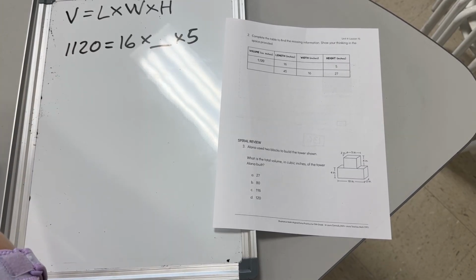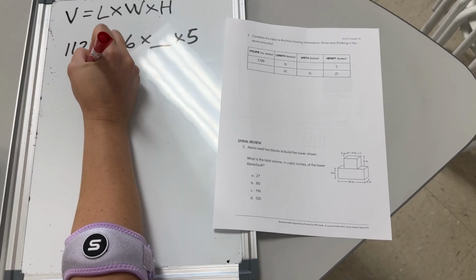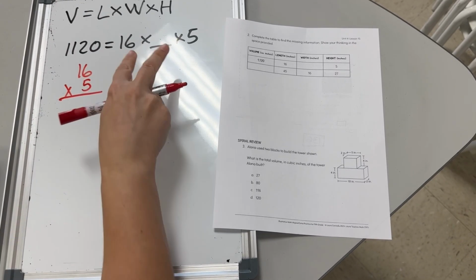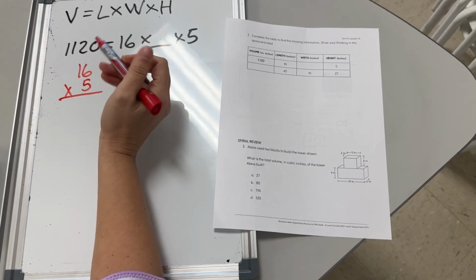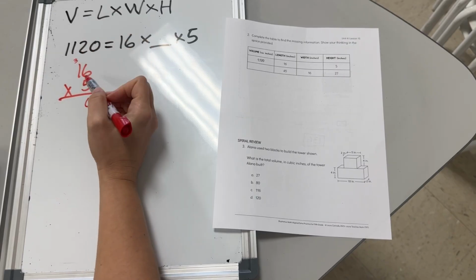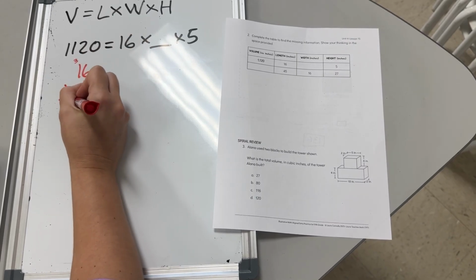So step 1 is to find that combined amount, 16 times 5. So I'll do 5 times 6 to get 30, placing the 0, carrying the 3. 5 times 1 is 5, plus 3 is 8.